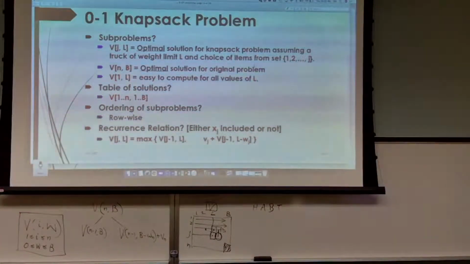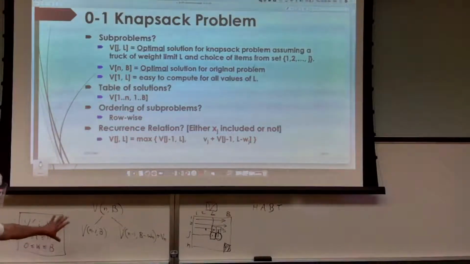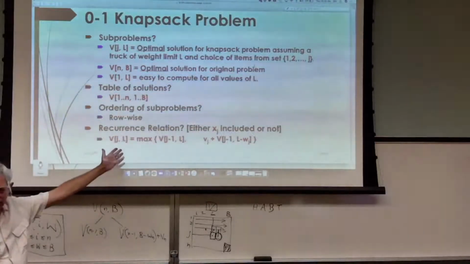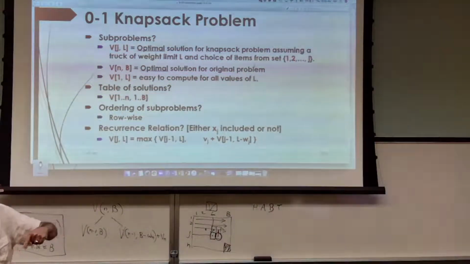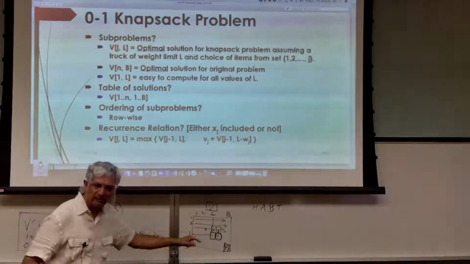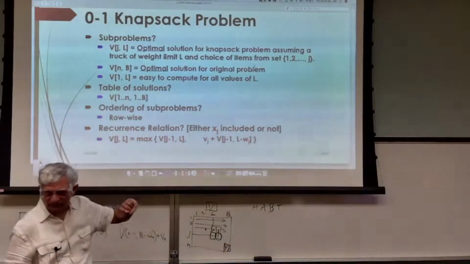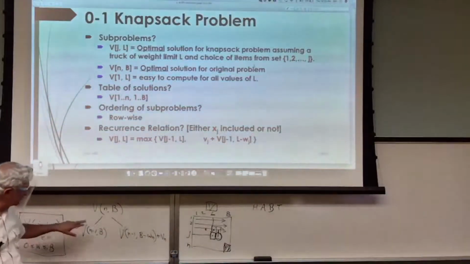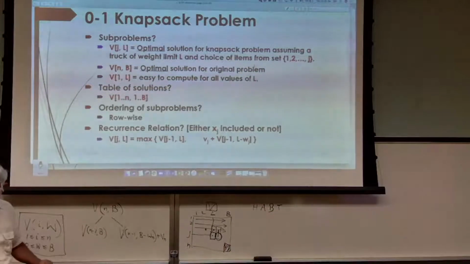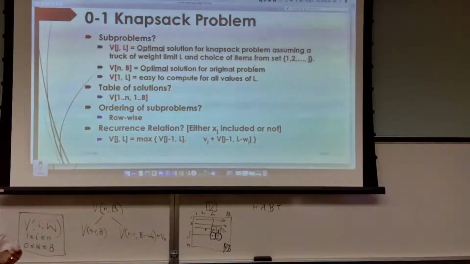So this could be resolved top-down. It could be done recursively as well as non-recursively. The non-recursive version is what I just told you: fill up the table in row major order and simply use this recurrence. Or if you want to do a recursive version, then you do this with the extra caveat that you never solve a subproblem more than once.